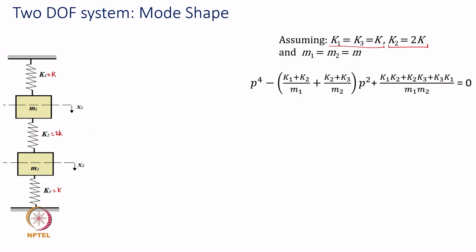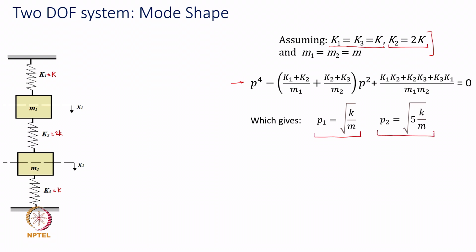If we now use these values in the general frequency equation that we have obtained, it is quite simple and straightforward to solve, and you will find that the first of the 2 natural frequencies is square root of K over M. The second one has the value square root of 5K over M. You can try it out yourself, but these are the 2 natural frequencies.